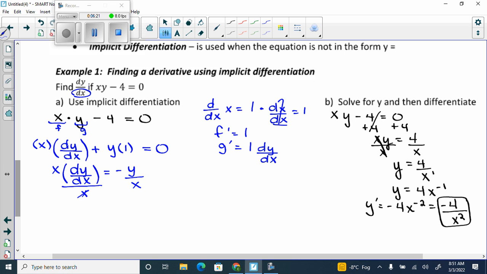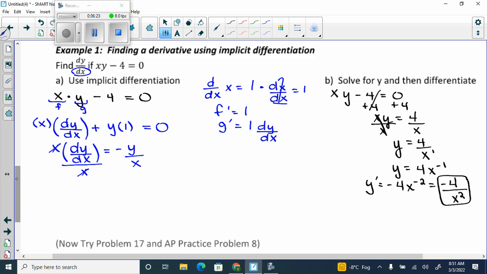Now some might say, the great thing about implicit is when it's a big, beefy implicit, you're actually done when you get to here. However, this one doesn't match that one, does it? Because I have a y in it. So if I actually get y by itself up here, xy equals 4, y equals 4 over x.